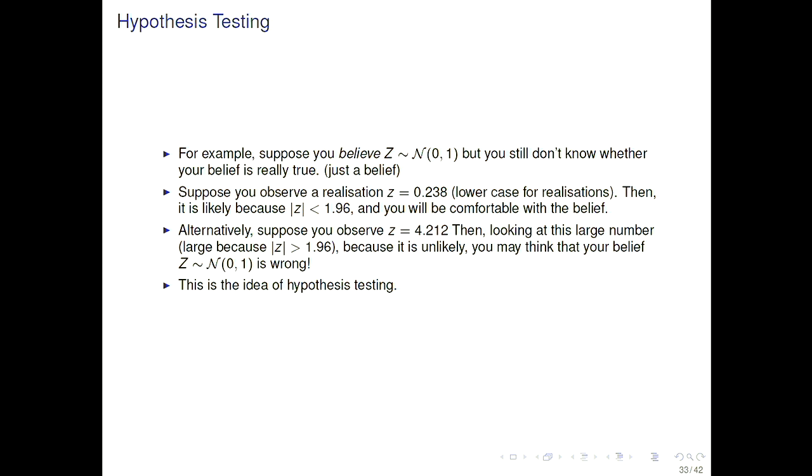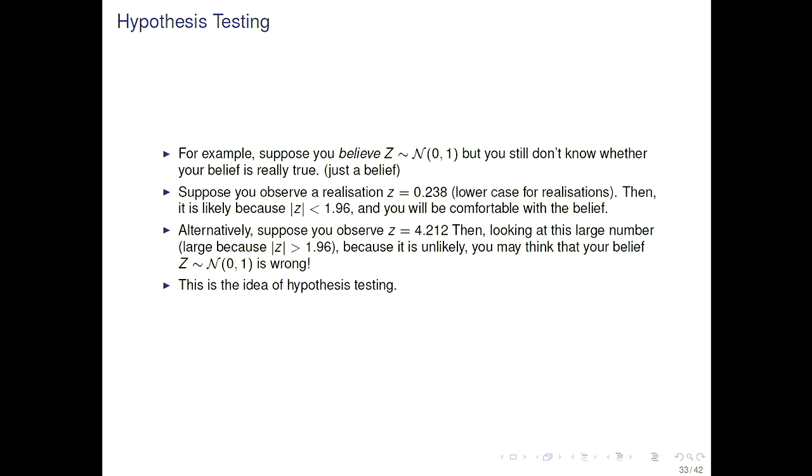But if this ratio is too small or too large, then we can interpret it as strong statistical evidence that is against the validity of our null hypothesis. So we want to reject the null hypothesis. Okay, so that is our decision making.